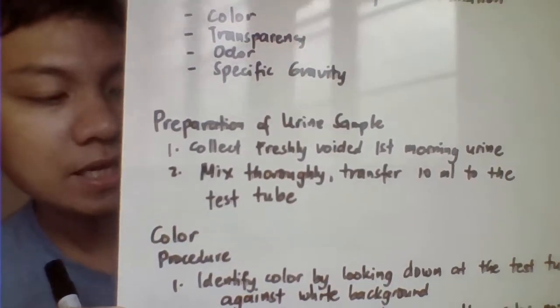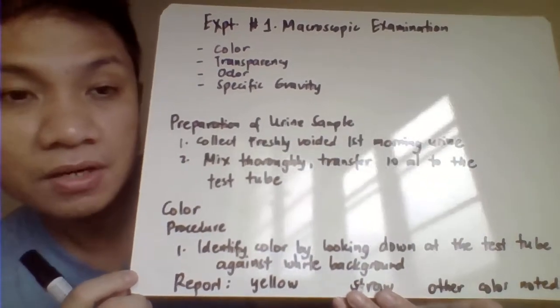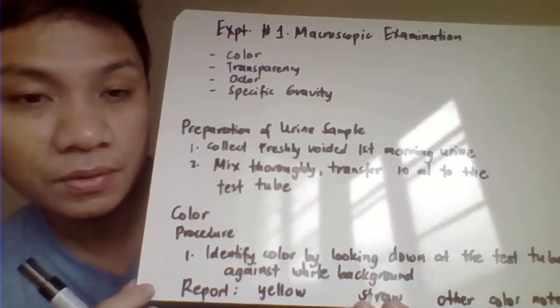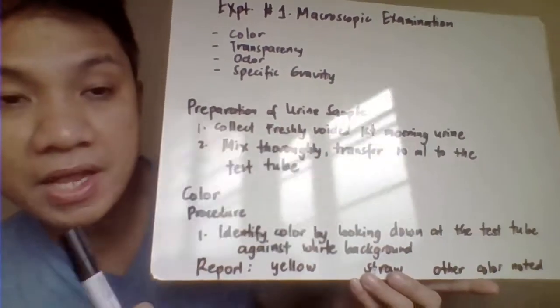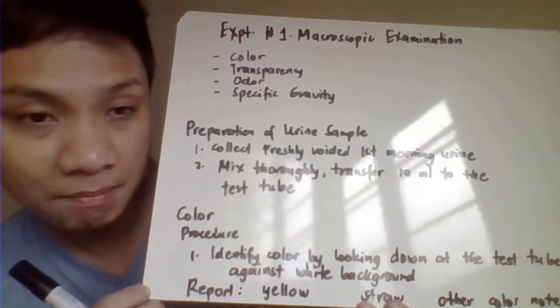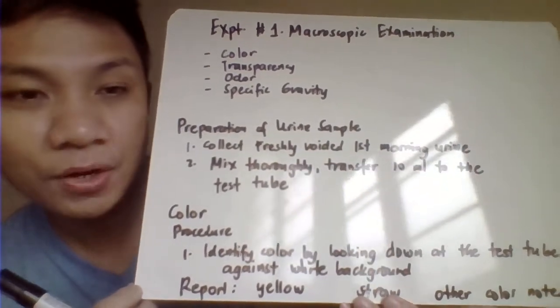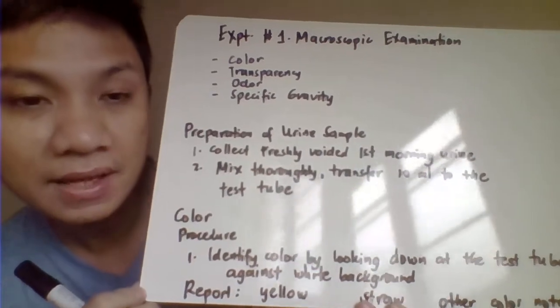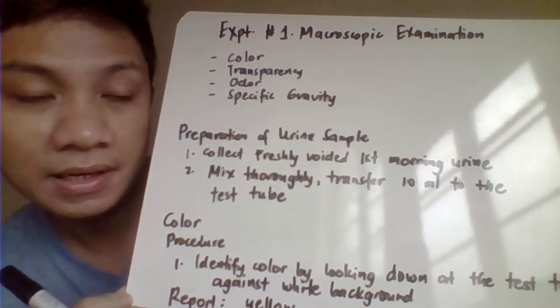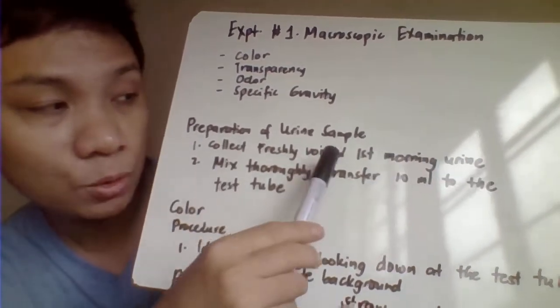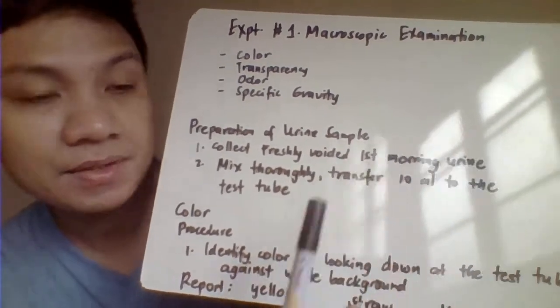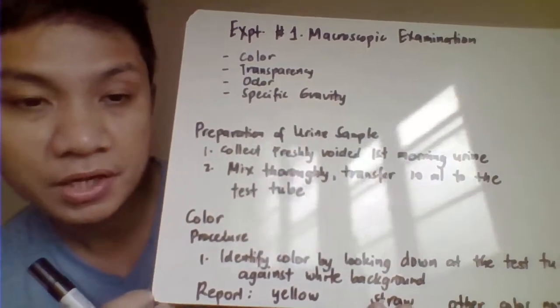Before you proceed with the macroscopic examination of the urine, we have the preparation of your urine sample. Ideally, for routine urinalysis testing, the recommended specimen is your first morning urine.